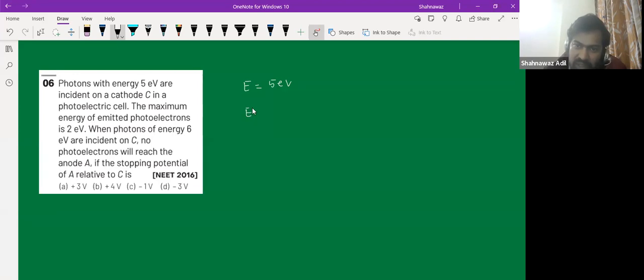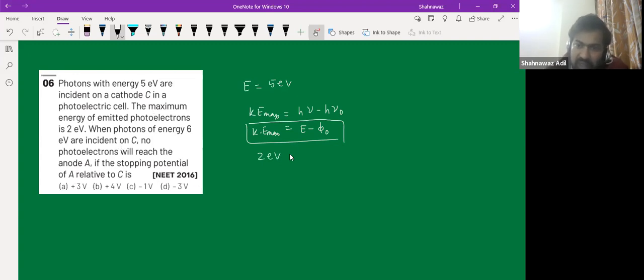So we know that KE max is h nu minus phi, or we can also write this as E minus phi. So they have given the value of KE max. This is 2 electron volt.